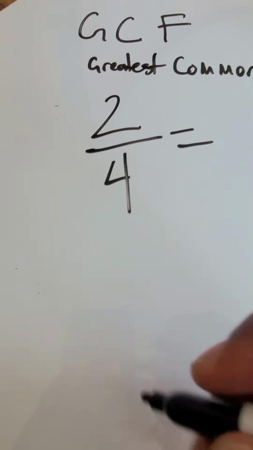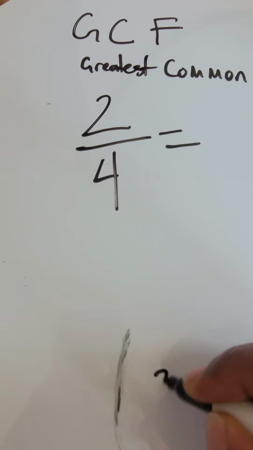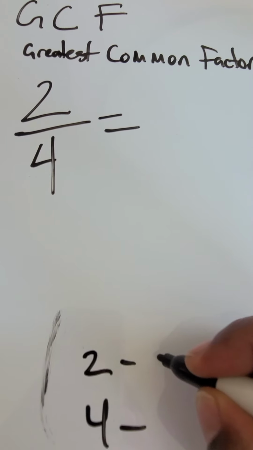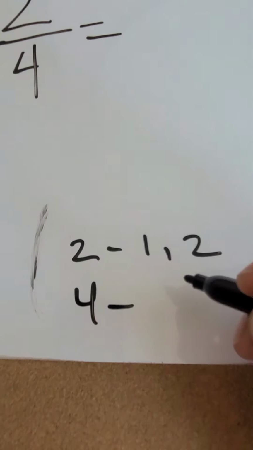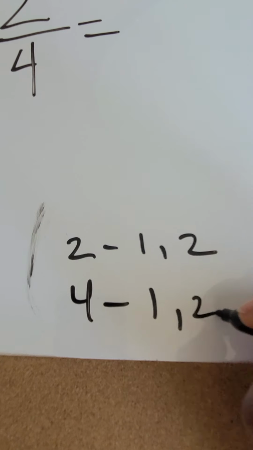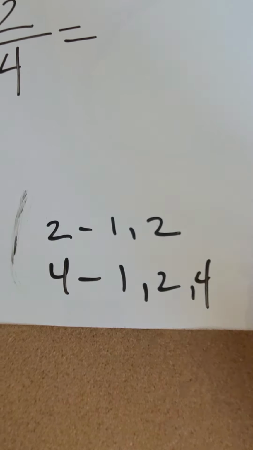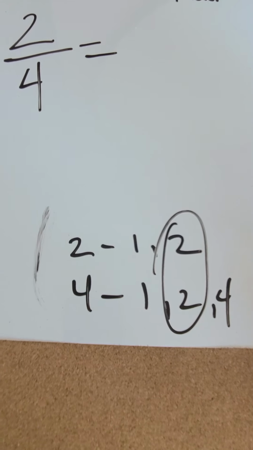So we say to ourselves, 2 and 4. Okay, well, let's see. We got 2. We got 4. Let's get these factors going. 1 and 2 are the only factors for 2. How about 4? We have 1, 2, and 4. The greatest one they have in common is 2.